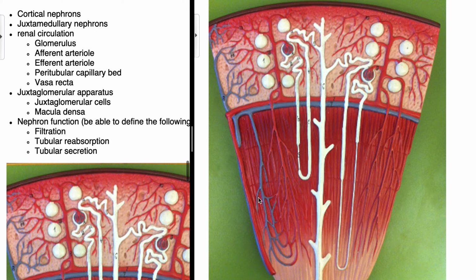So in your mind, imagine you're taking a screenshot of this vasa recta and it's going to be scooted over to the right, covering this. And then most importantly, for the juxtamedullary nephrons, really what you should imagine is this thing here is really over the top of the loop of Henle. And if it's over the top of the loop of Henle, that suggests its function.